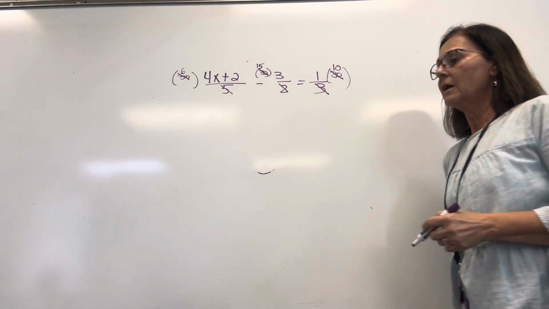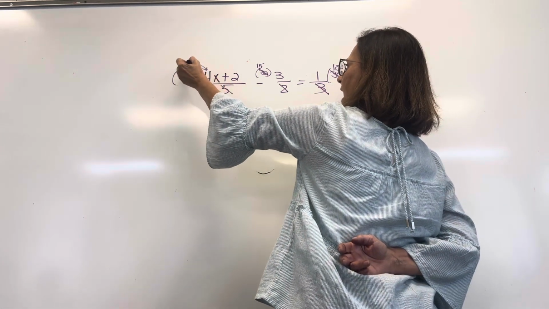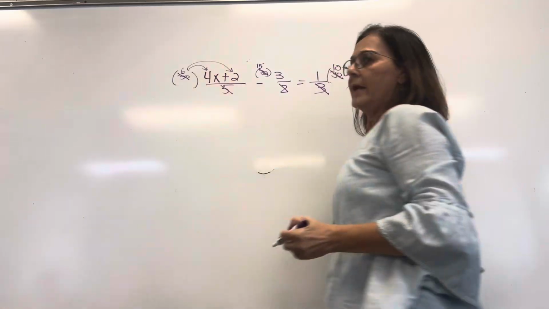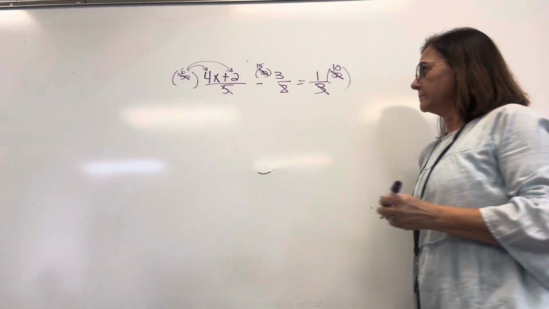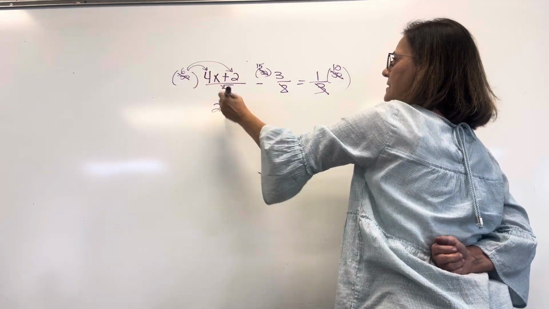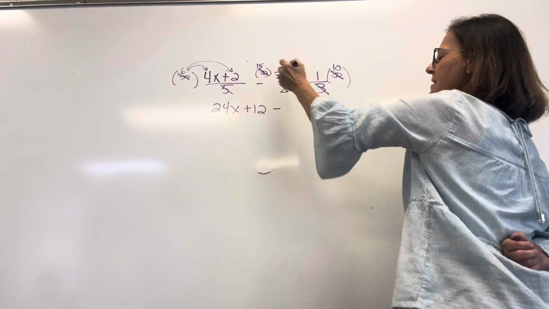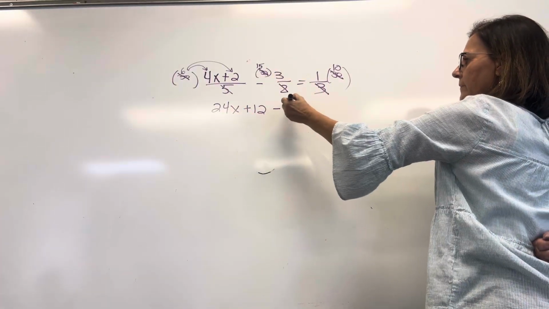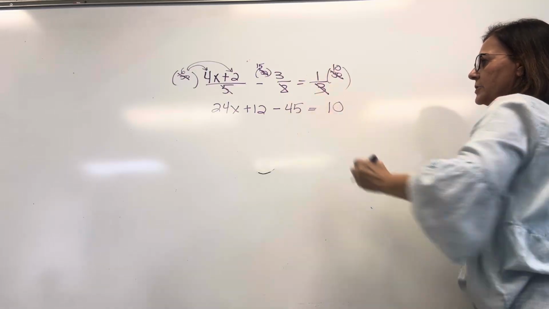Now here's what's a little different. I'm distributing the 6 to every term in the numerator. So 6 times 4x is 24x, and 6 times 2 is 12, minus 15 times 3, which is 45, equals 1 times 10, which is 10.